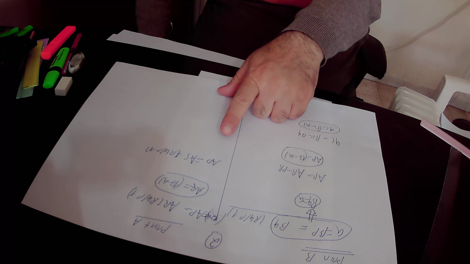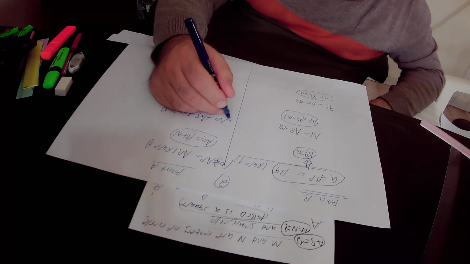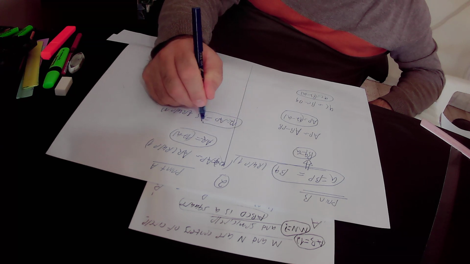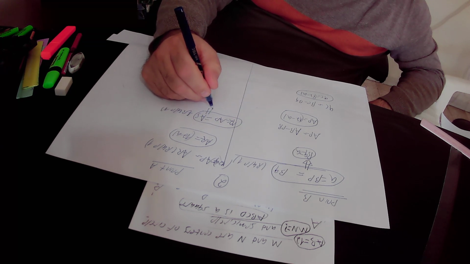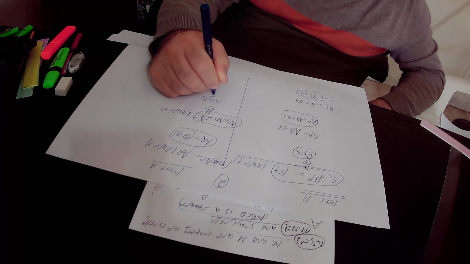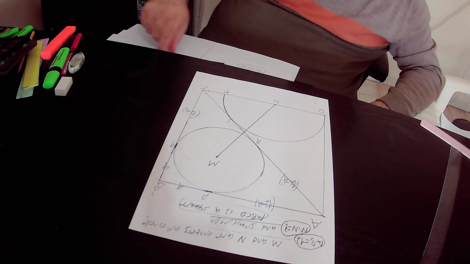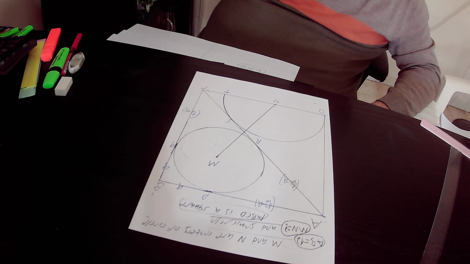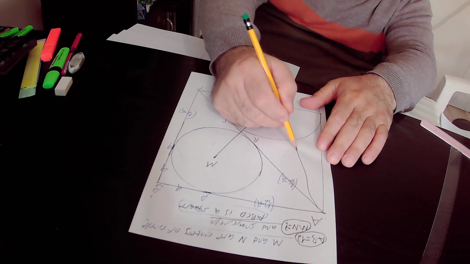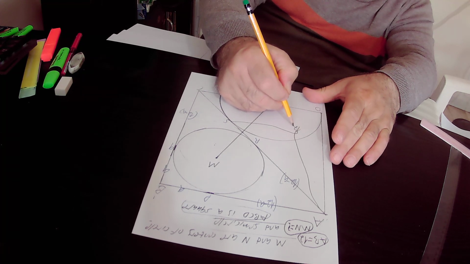But it is given in the question that AD equals 12 units. From this equation, 12 equals AD equals AS, we derive that AS is also equal to 12 units.